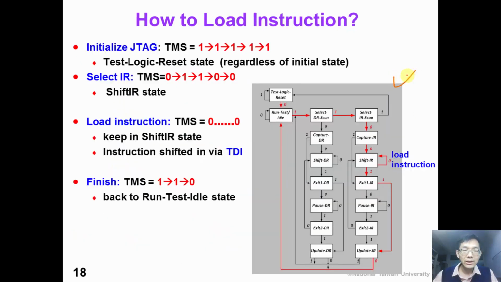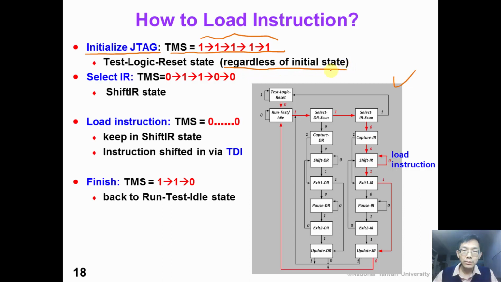So how do we load an instruction? From this JTAG tap controller's finite state machine diagram, we can see how to load the instruction. First, we want to initialize the JTAG test logic. We can apply a sequence of 5 ones to TMS. This tap controller can be initialized in this way, regardless of the initial state.